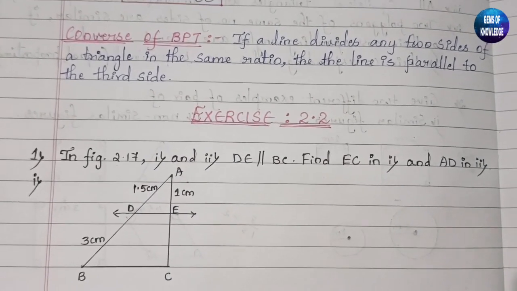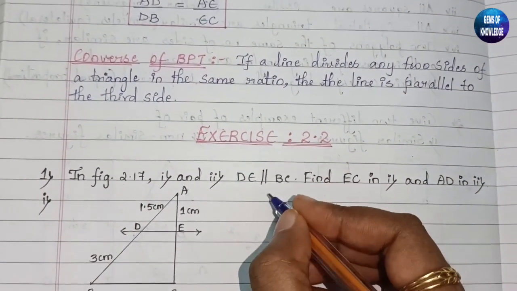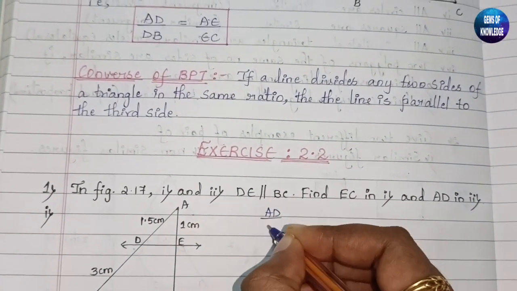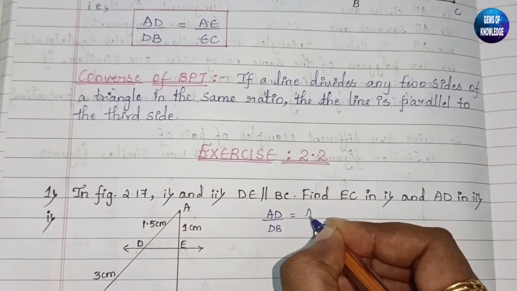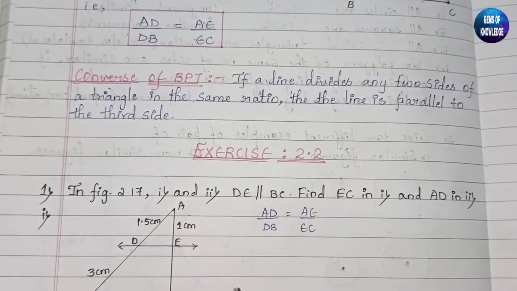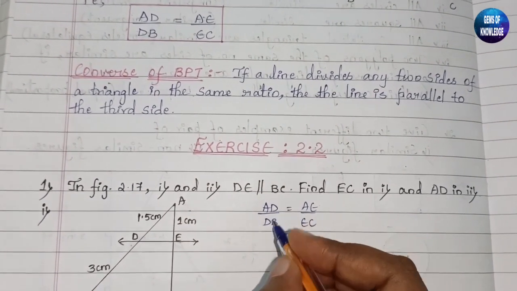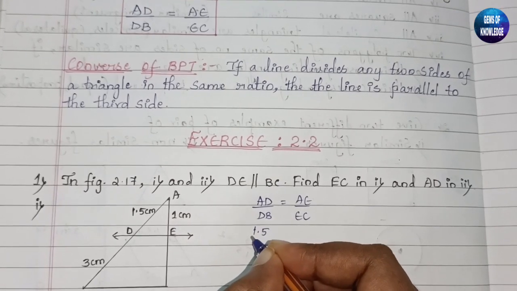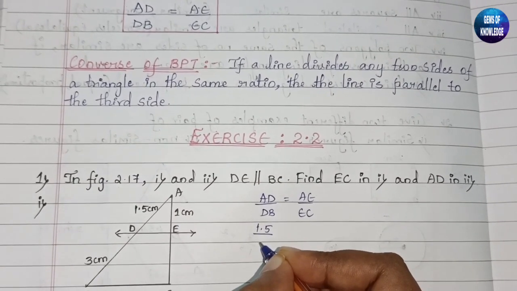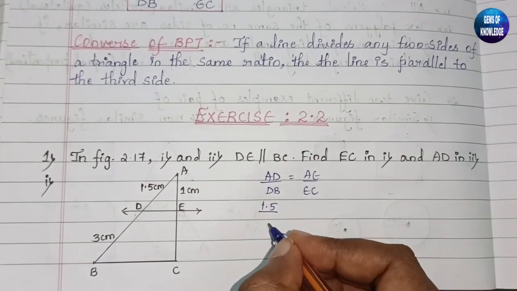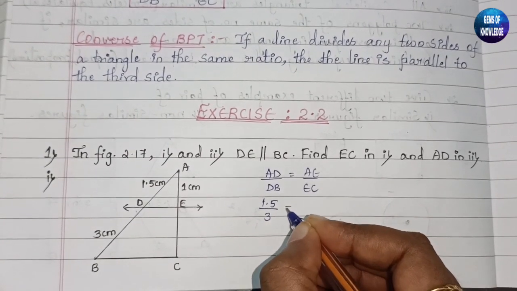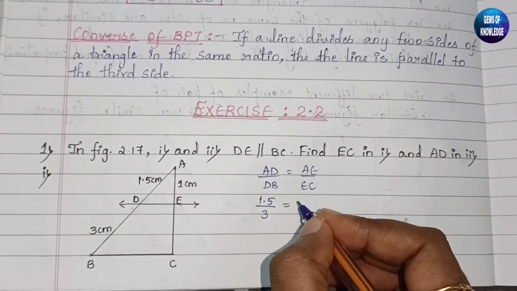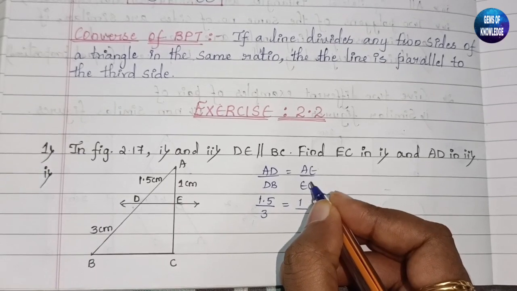So EC we need to find. According to our BPT, we have AD by DB is equal to AE by EC. AD is 1.5, divided by DB, which is 3, equals AE, which is 1, divided by EC.